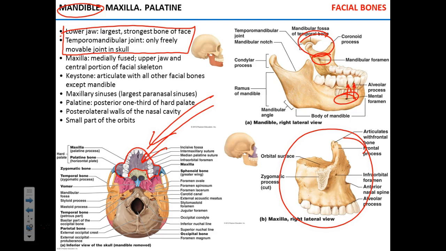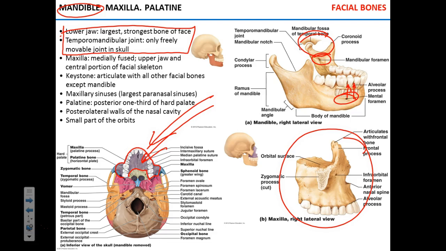Initially, the fetuses have 2 maxillary bones that fuse medially here. Okay? This is the keystone bone. It articulates with every other facial bone but mandible.